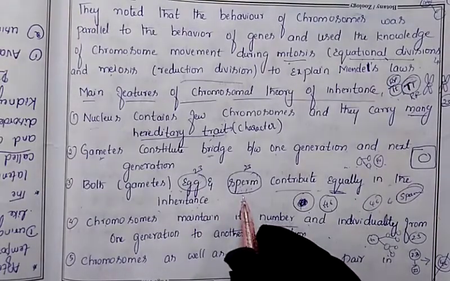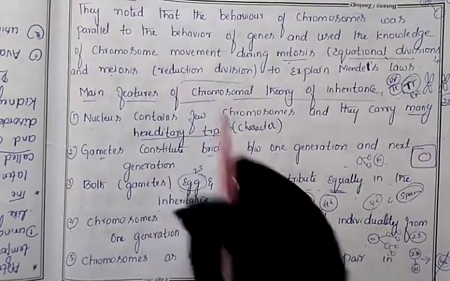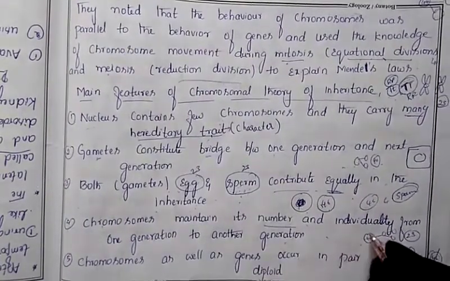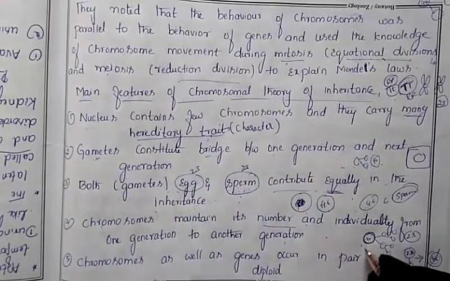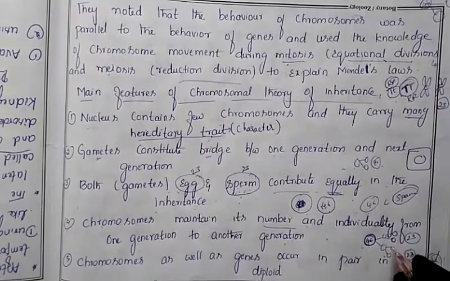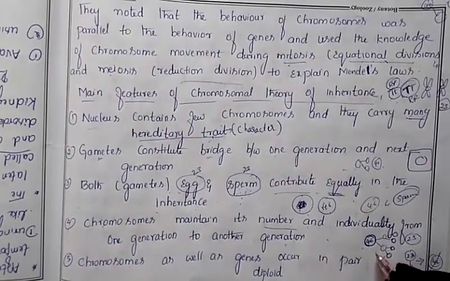That's why we call meiosis a reductional cell division. The mother has 46 chromosomes, but through meiosis cell division the offspring get half of this, reduced.